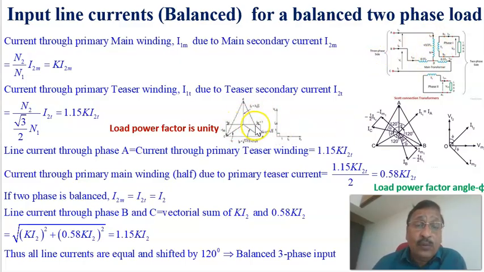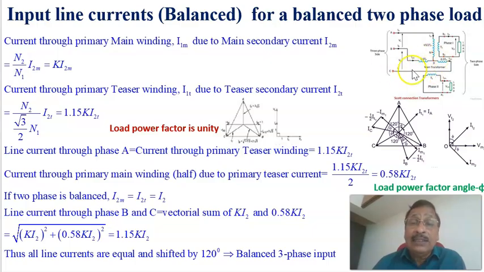Therefore, to calculate the total line current of the main winding, the teaser current, which is equal to 1.15 K into I2T, is split equally into two windings. It can be written as 1.15 divided by 2, or 0.58 K I2T, flowing through these two windings.